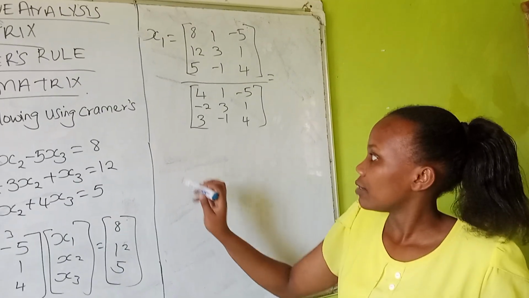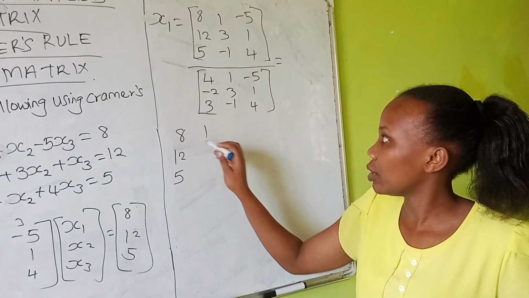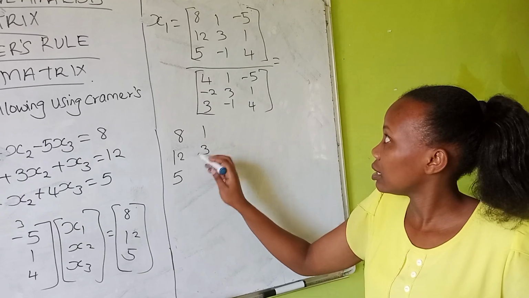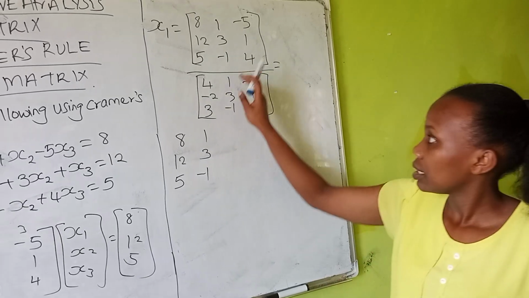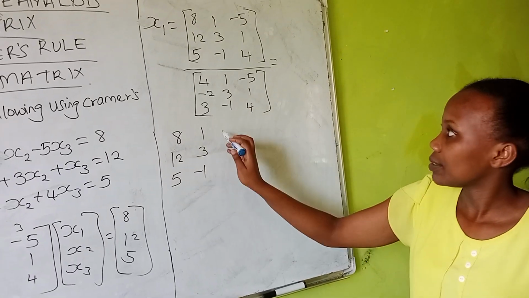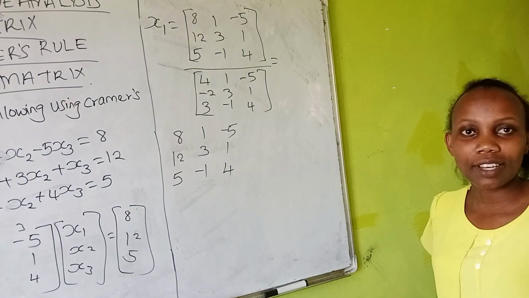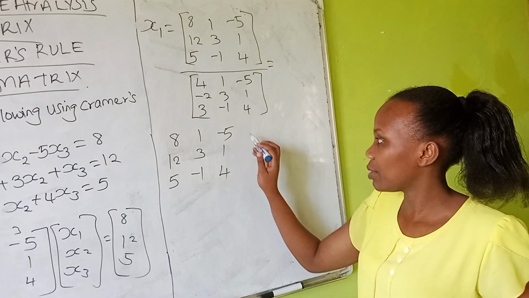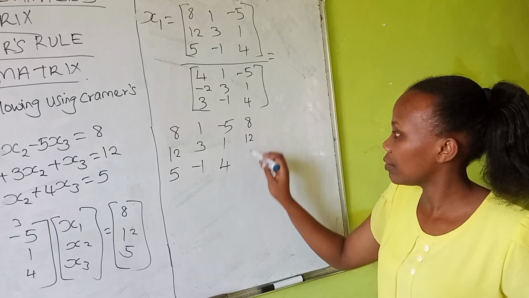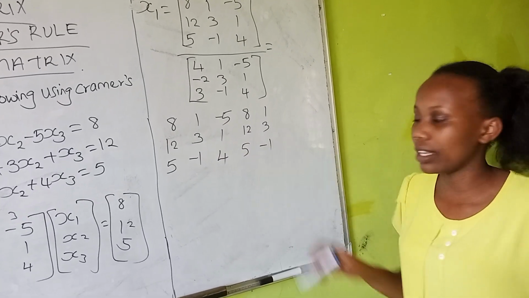So for the numerator, 8, 12, 5, you are going to solve it using Cramer's rule, the one that is usually in this format. So 1, 3, -1, -5, 1, 4. So you repeat the first two columns. They become the fourth and the fifth column. 8, 12, 5. And this other column, 1, 3, -1.